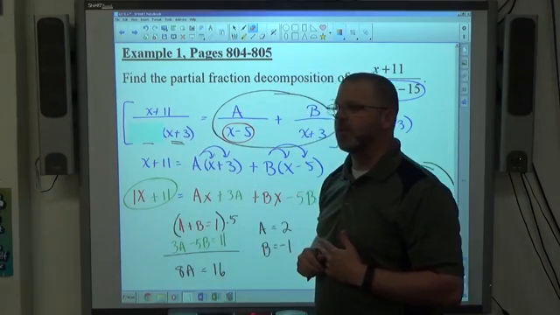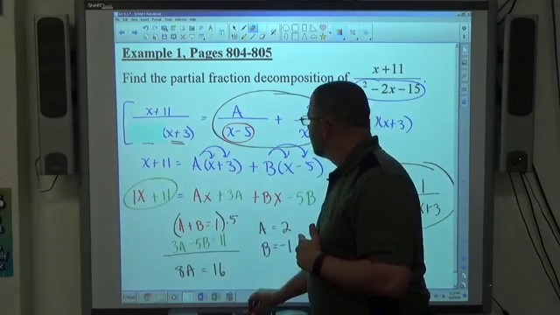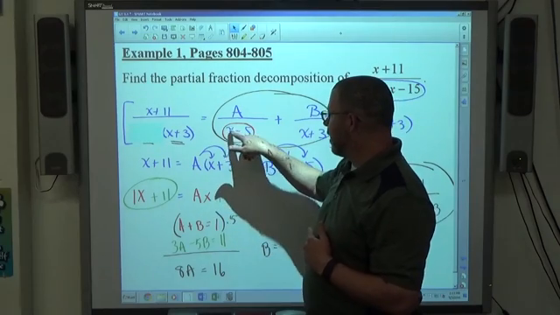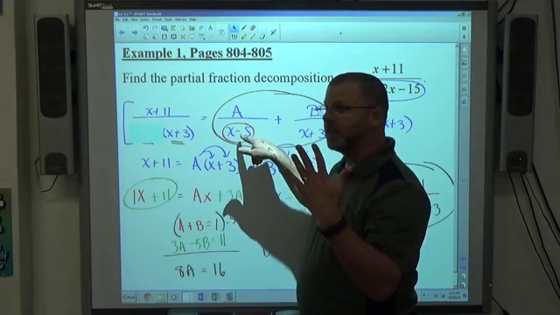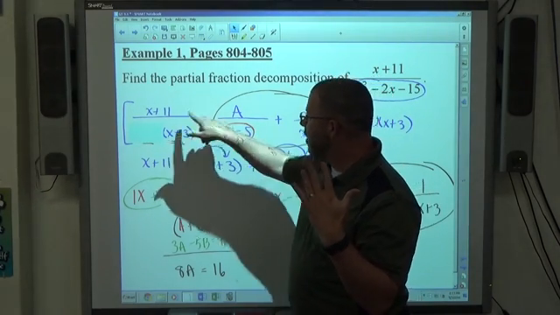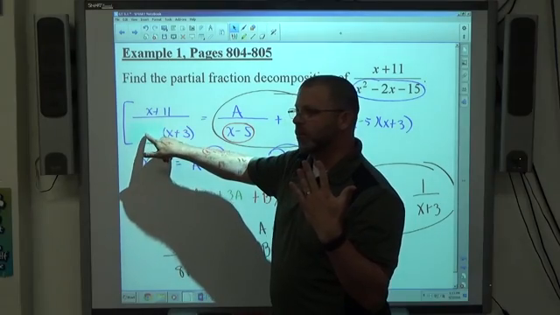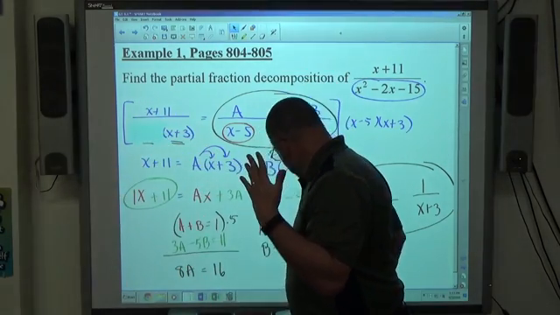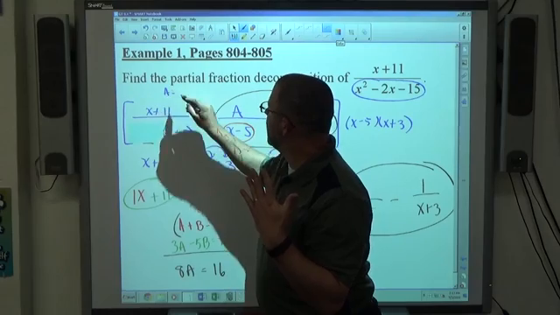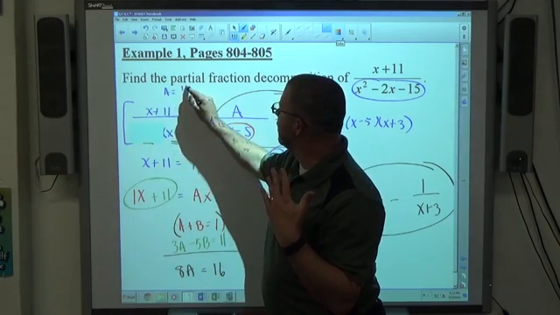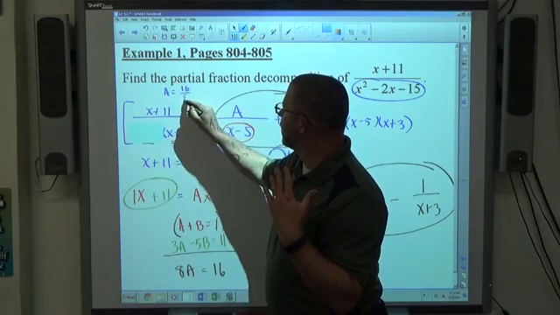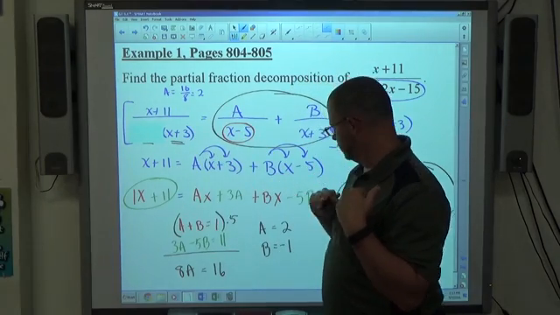That's why it's called the cover-up method. So I cover up x minus 5 in the original problem, and a is going to equal 5 plus 11 over 5 plus 3, which is 2.